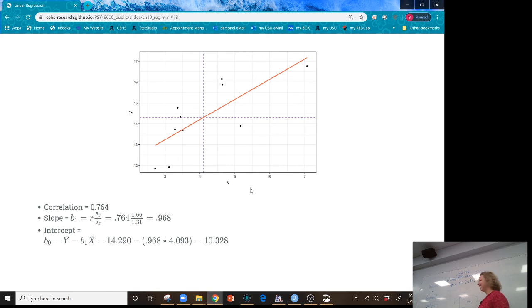X bar. And if this is y, what's this y value? Y bar. So that's the point of averages. And the line that would go perfectly through the football is called the standard deviation line. It goes up one standard deviation and over one standard deviation.